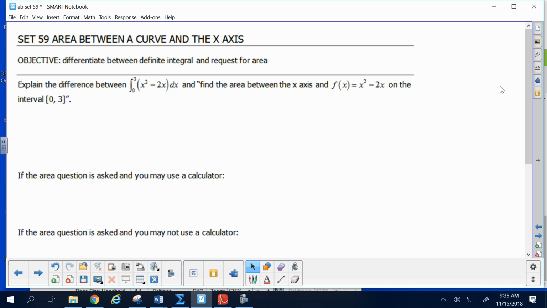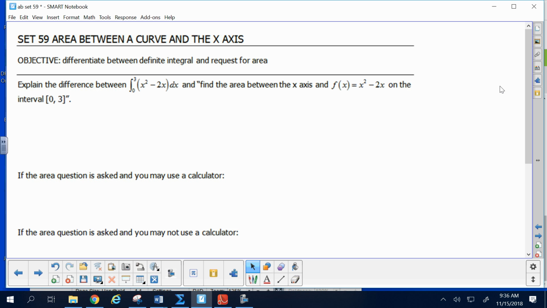Now, first of all, you need to start to differentiate between an integral with nothing attached to it and the question, find the area between the x-axis and x squared minus 2x on 0 to 3. It feels like, isn't that the same thing?